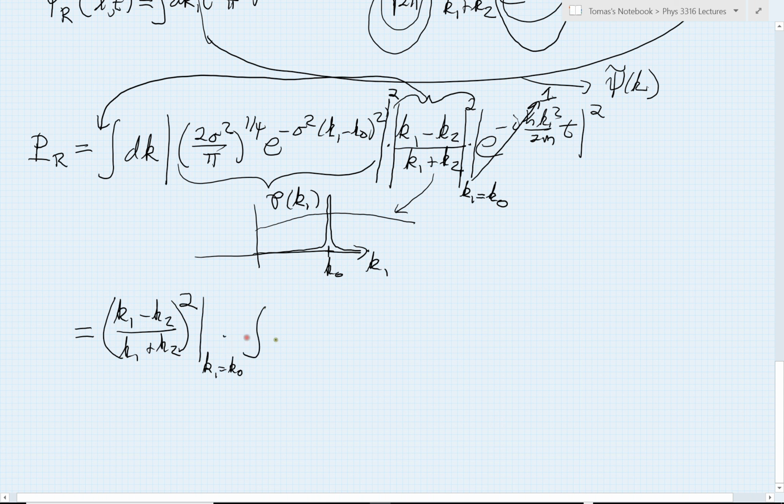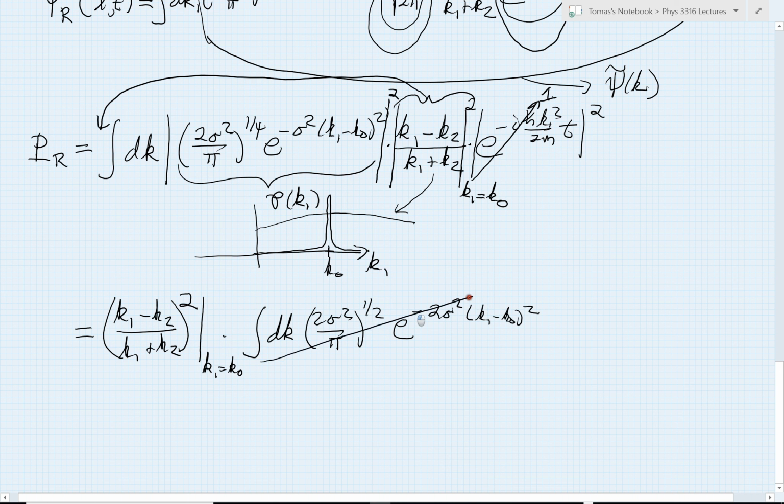But the remaining integral, I hope you recognize, I'll square it out as (2σ²/π)^(1/2) times my Gaussian integral. And hopefully you may recognize this. You could work it through as a Gaussian integral, or you simply recognize that this was the integral of the weights of the incoming packet, which is by design a normalized incoming packet.